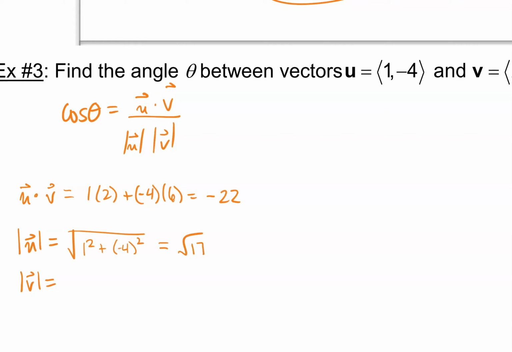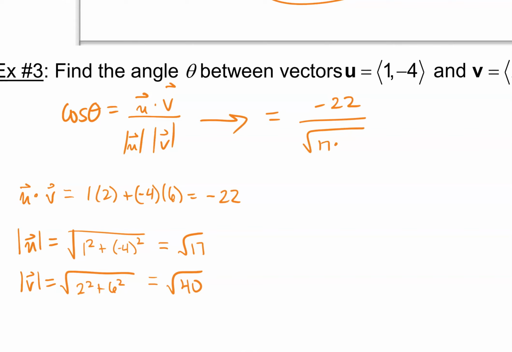And V is the square root of 2 squared plus 6 squared, so 4 plus 36, the square root of 40. Now I have everything, so I'll plug in: -22 over the square root of 17 times 40, since a square root times a square root I can just multiply underneath.